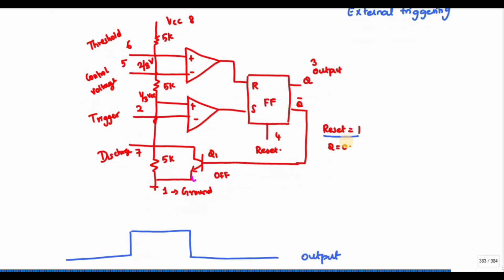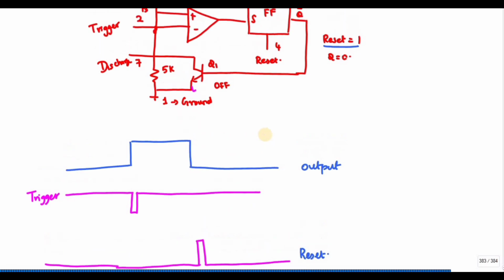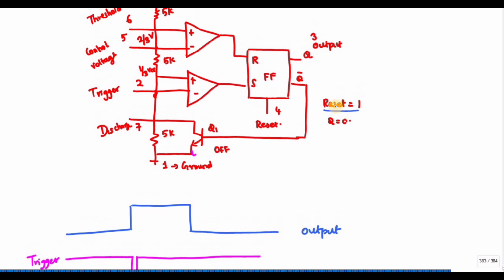So whenever my reset pin is 1, the output goes to 0, because here it is an active high pin. Suppose I have a bubble here, it is an active low pin. Then in order to make my output 0, I have to apply reset pin as 0. But it is not the case here.